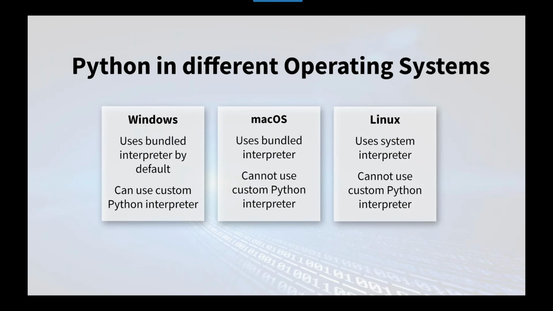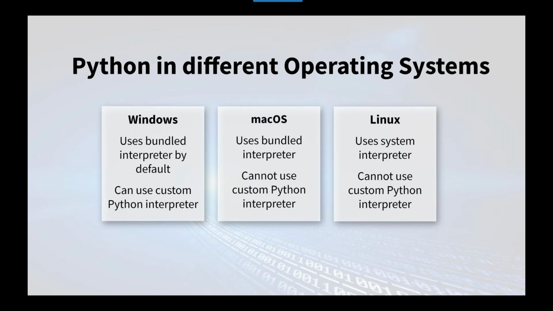Just to summarize, Python in different operating systems. FME is supported on Windows, Mac OS, and Linux. On Windows and Mac OS, it uses FME's bundled interpreter by default. On Windows, you can specify a custom Python interpreter. However, on Mac OS, you cannot specify a custom Python interpreter.